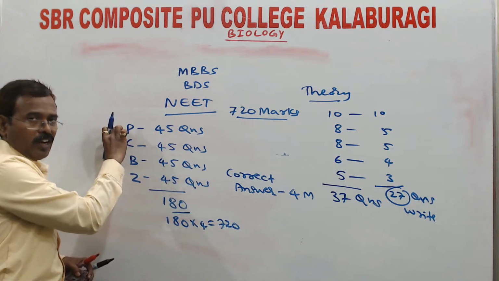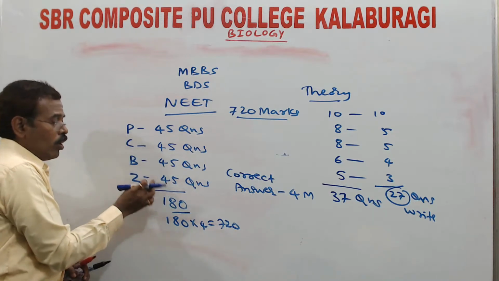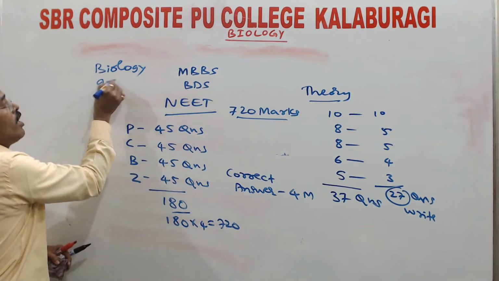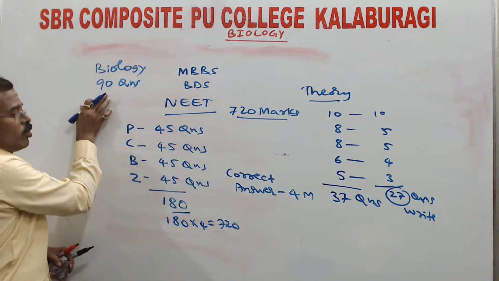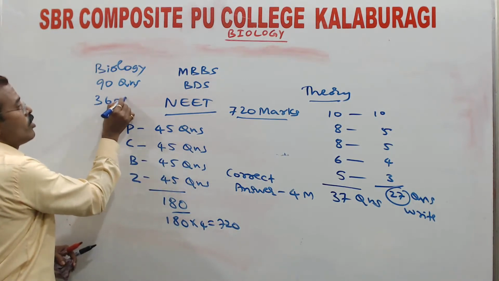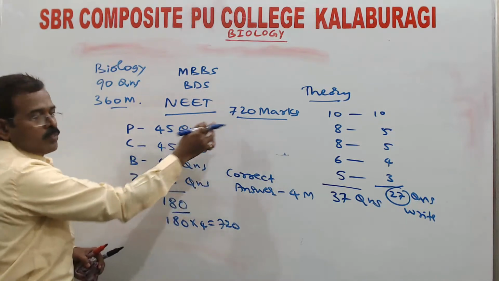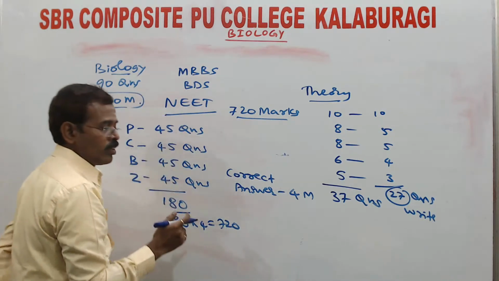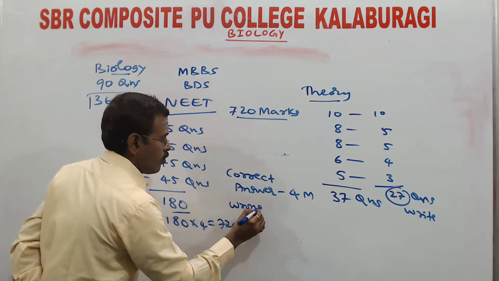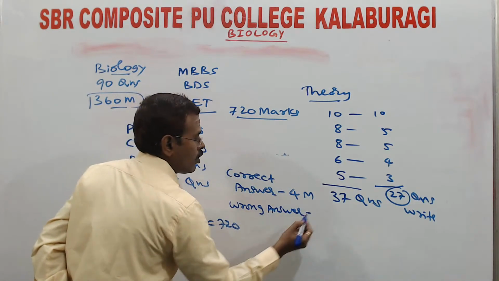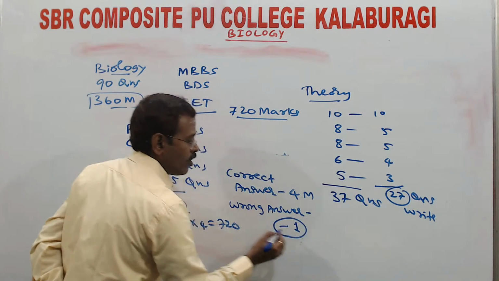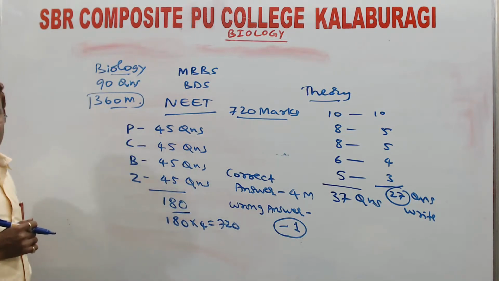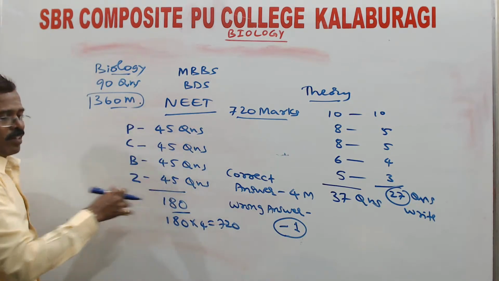Of course, we have to do well in physics and chemistry also, but the weightage is more for biology. Biology has 90 questions, botany 45 and zoology 45, into 4, so biology is 360 marks, half of the 720. Remember that. And in NEET, for a wrong answer, -1 will be deducted. Negative marking will be there. So this is about the NEET pattern.